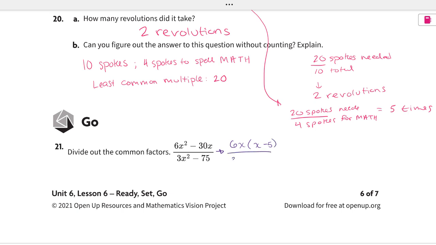And then here we have a greatest common factor of 3, which gives us x squared minus 25. And I can factor that a little bit more, right? I can make this 6x times x minus 5 over, well, here we have a difference of squares. So 3 times x minus 5 times x plus 5.